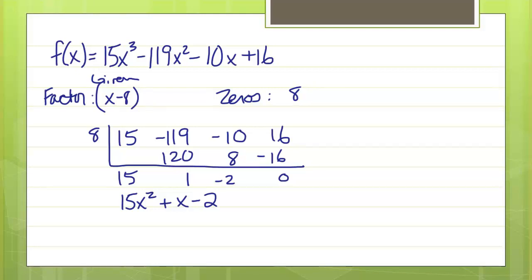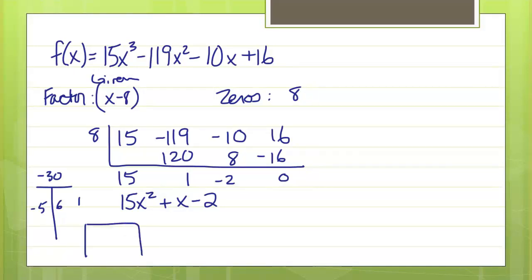I could use the quad formula from here if I was just asked to find the zeros. But since I'm telling you it's factorable, we'll go ahead and say, looking for things that multiply and give me negative 30 and add up to 1. So that's going to be 5 and 6 with the 5 being negative.